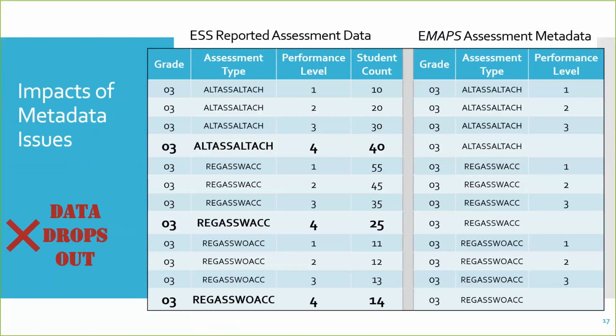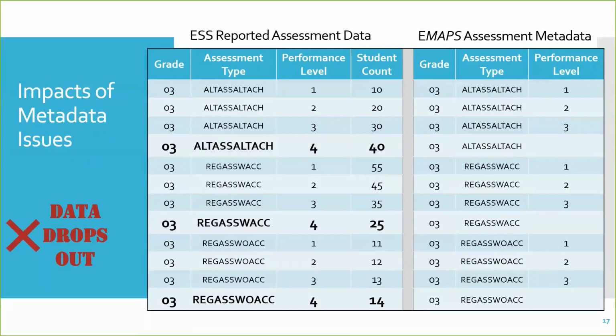And just to tie it back to the specific example of the assessment metadata. Along the left side of this table is an example of the ESS submitted assessment data. So grade 3 for all of the 3 assessment types, the regular with and without accommodations, for 4 performance levels: performance level 1, 2, 3, and 4, and then the student counts associated with those combinations.